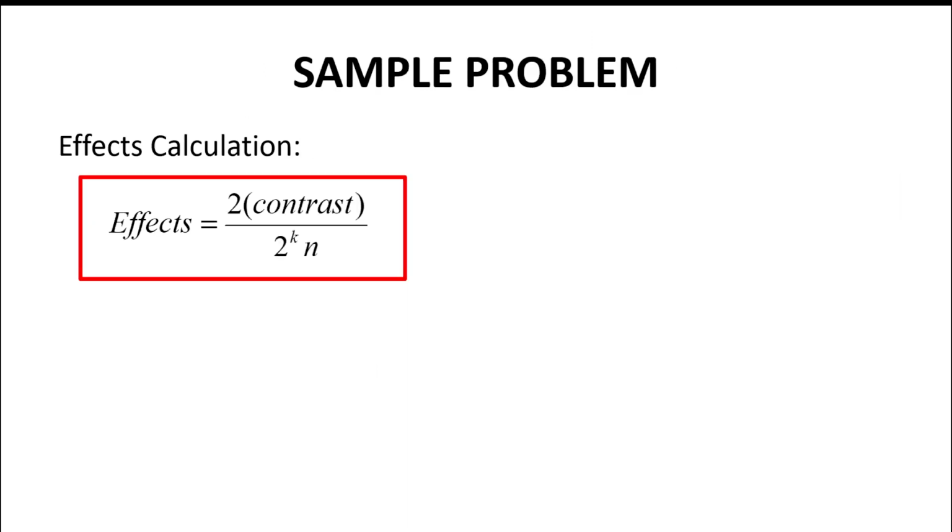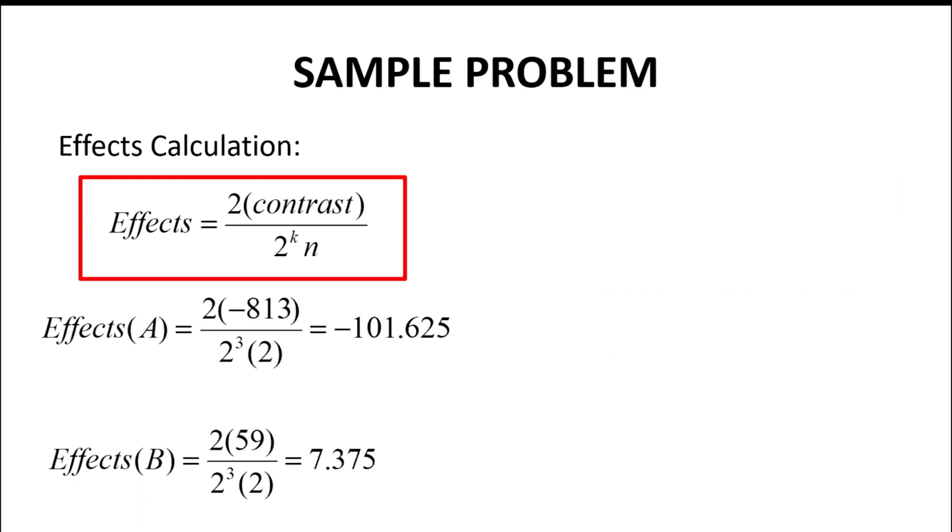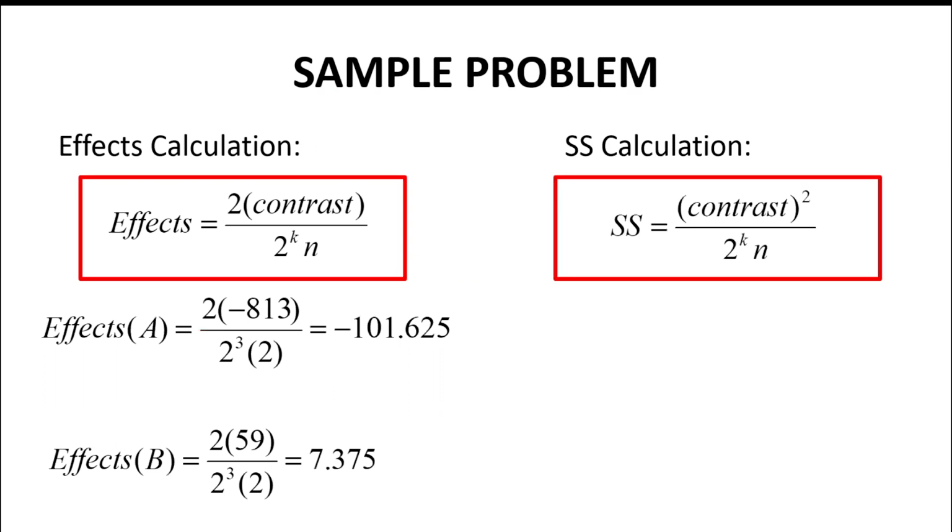So, yung effect natin is calculated by multiplying the contrast by 2 divided by 2 to the k over n. Tapos, itong effects, a rough indicator lang siya of how the factor either positively or negatively affects the yield value, or the response variable.